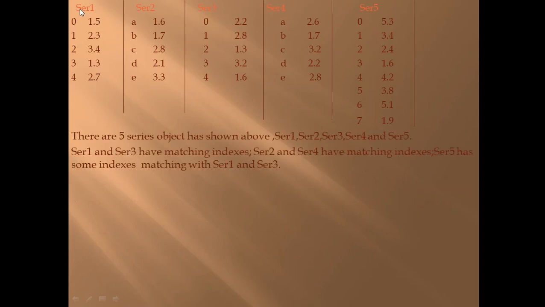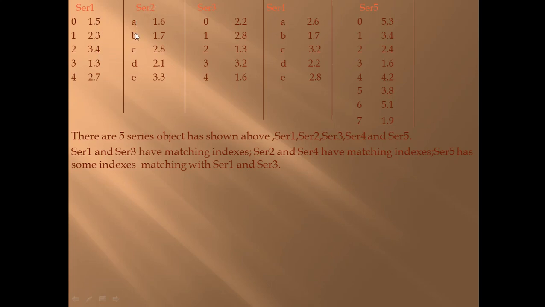Okay, so here is an example. I have created 5 series here. You can see SCR1, SCR2, SCR3, SCR4, SCR5. SCR1 contains the index 0, 1, 2, 3, 4 and the data values.